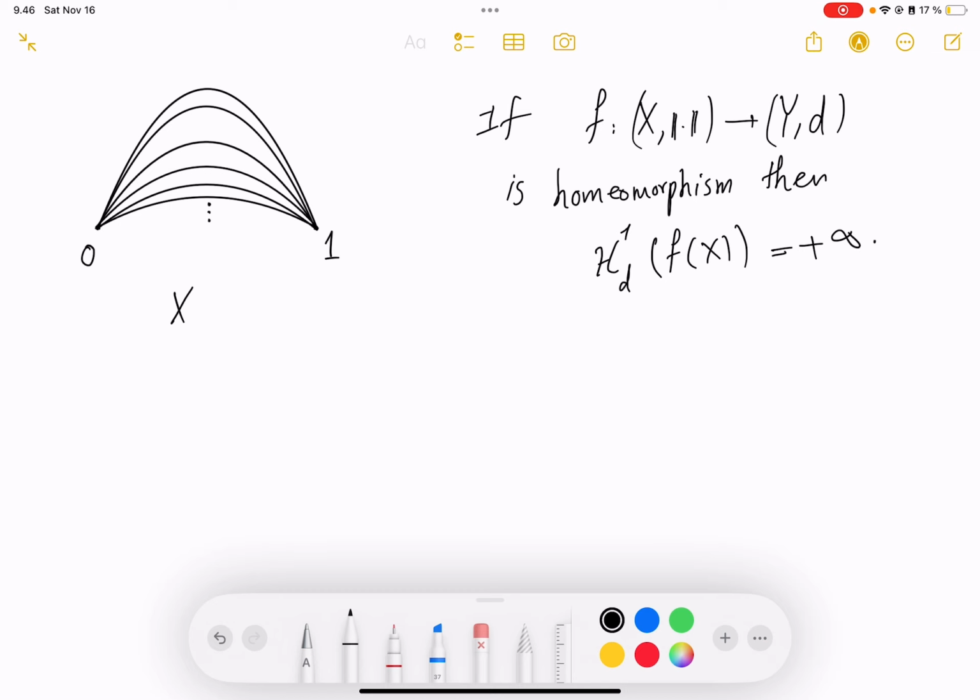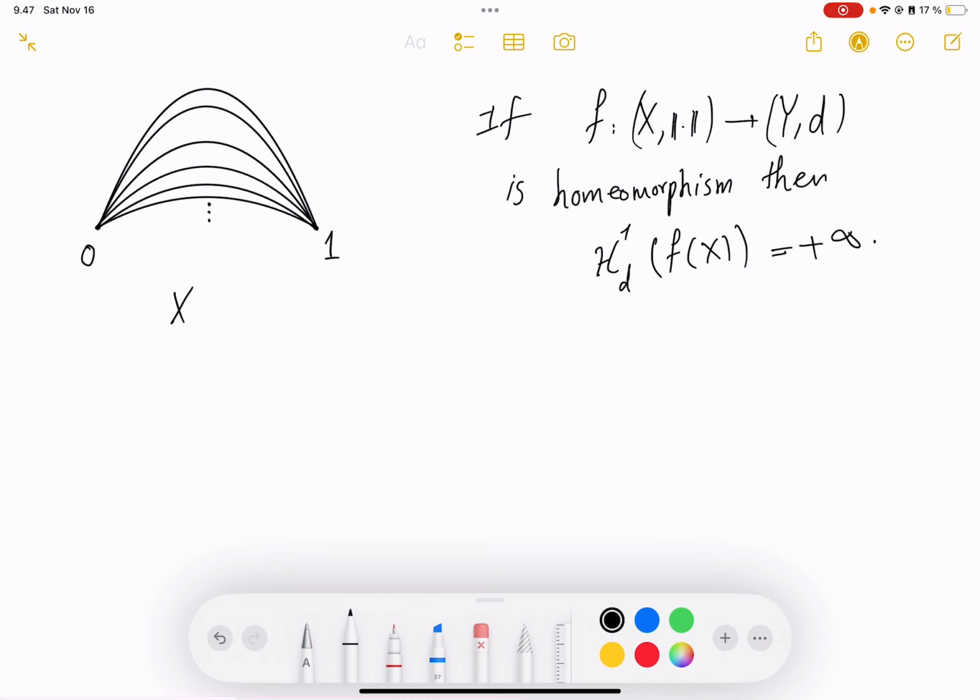That means you cannot make this a finite H1 measure space under homeomorphisms. This fact is not true for Hausdorff measure 2 and 3 and more.